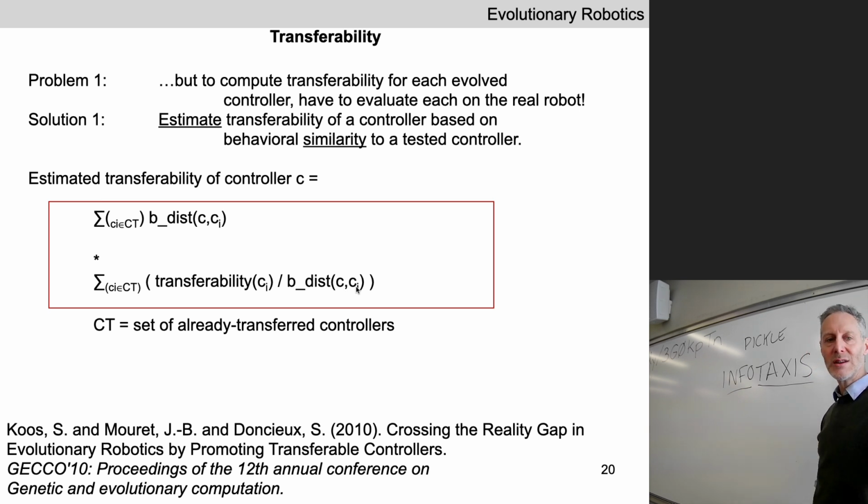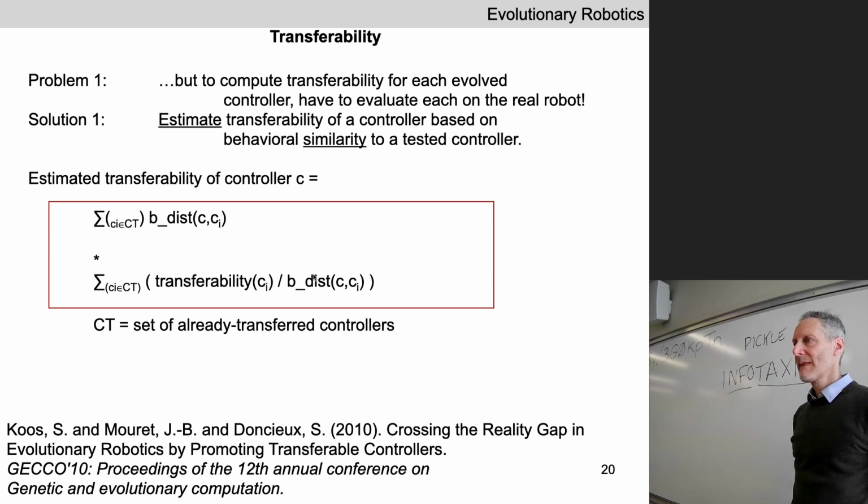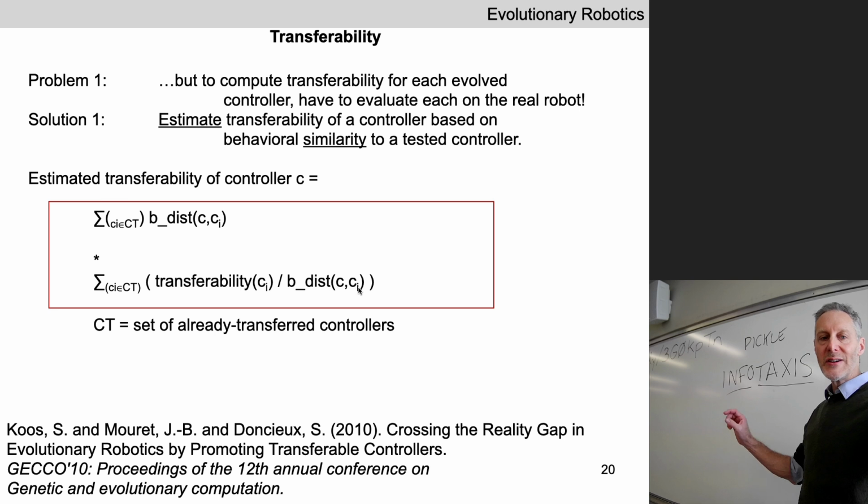What's the intuition for this term here? What are we doing? Why are they weighting this sum? The greater the behavioral distance between the two controllers, the smaller the contribution will be. The further this already transferred controller is from the controller we're trying to estimate transferability for, the greater that distance, the more it pulls down the weight or the contribution of that controller's transferability to the weighted sum.